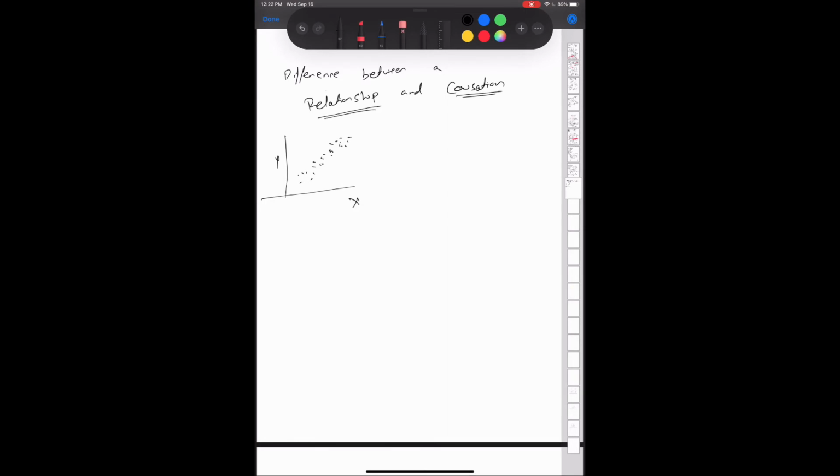An example where it's clear that x and y have a relationship, but it does not imply that x causes y.